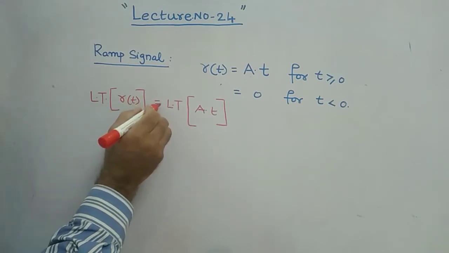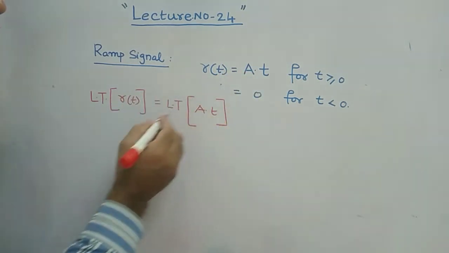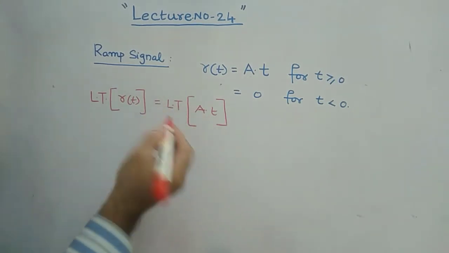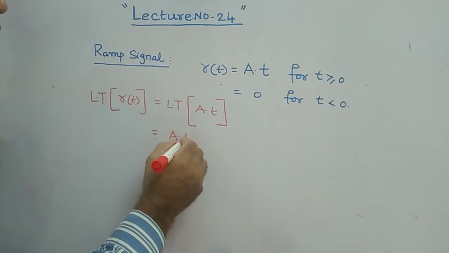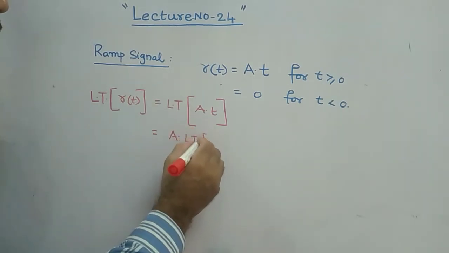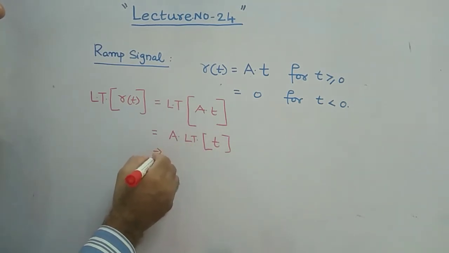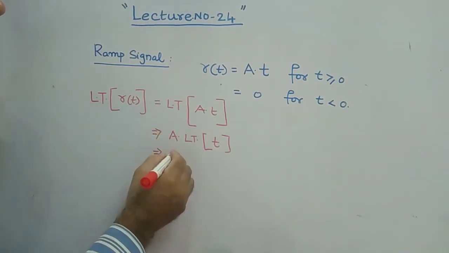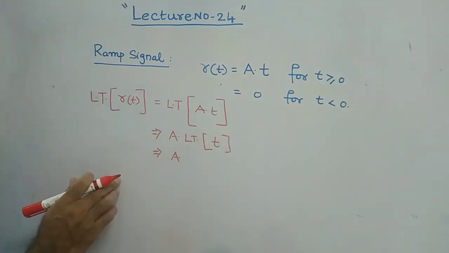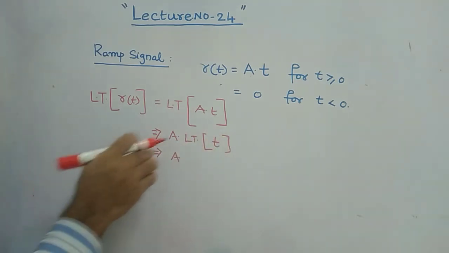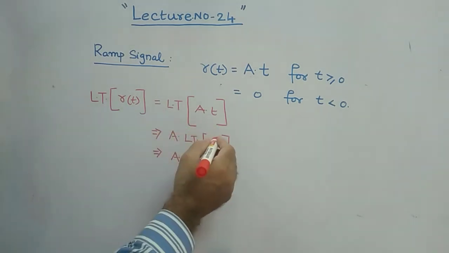In the second step, the Laplace transformation of r of t is a t, and a is some magnitude, a constant, so take it outside: a into the Laplace transformation of t. What is our known property of Laplace transformation? t power n. Here it is in the form of t power n, but nothing is given there.